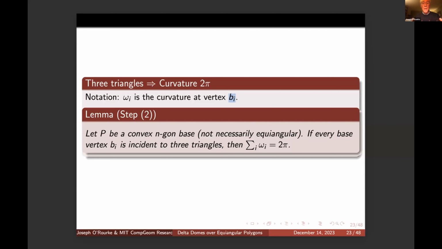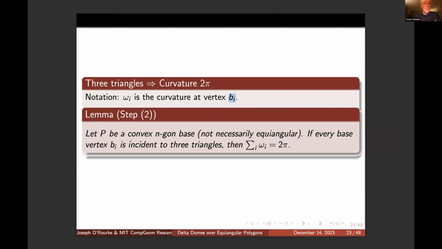In other words, you have various pieces glued in, and you add up the angle and take the difference with respect to 2 pi. That's called the discrete curvature. So that's what we were using in this example here, where we were counting the 3 and the pi over 2 for the square base.